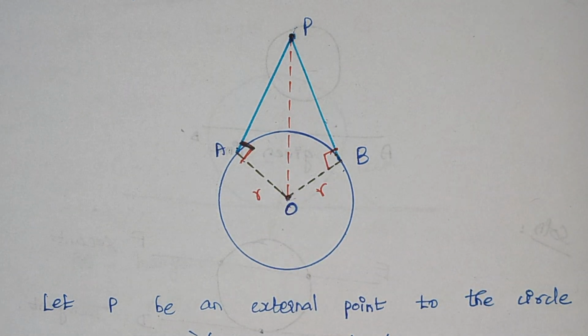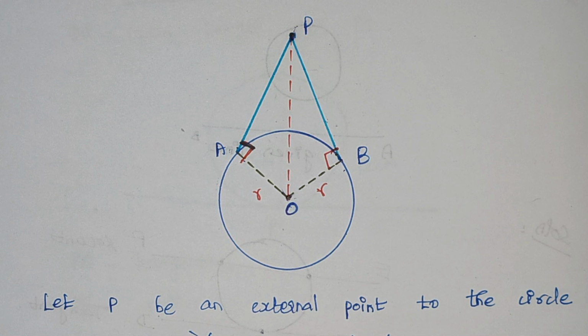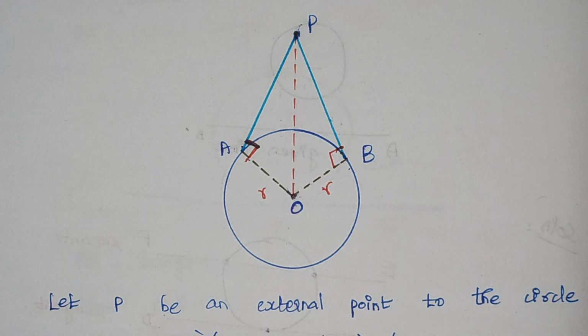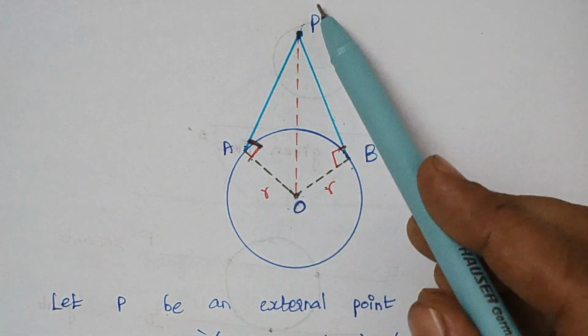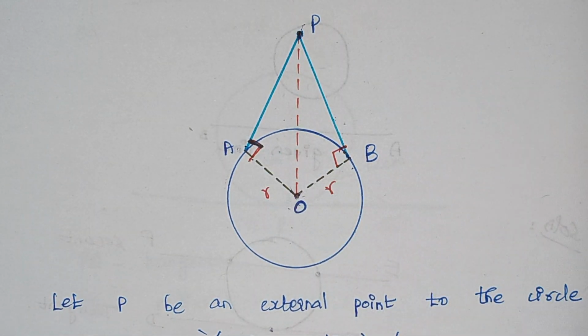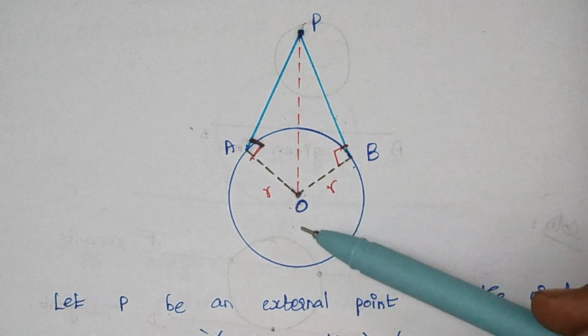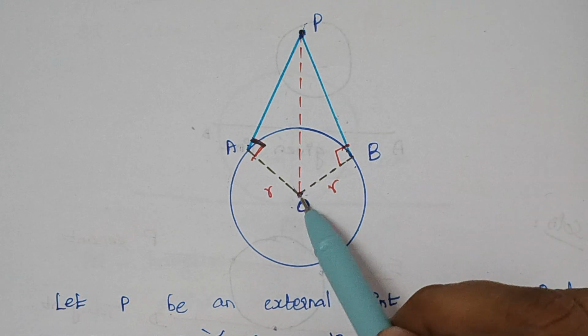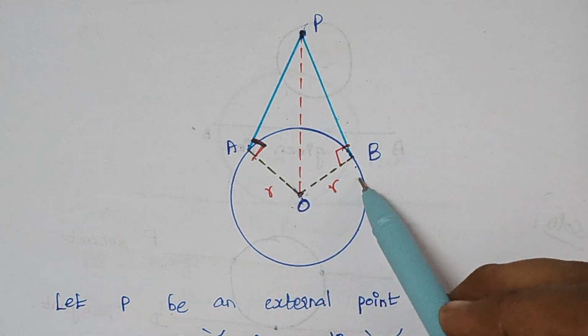Just now we have seen in our theorem 10.1 that the angle between the radius of the circle and the tangent is 90 degrees, or in other words, the radius and the tangent are perpendicular. So OAP is 90 degrees. In the same way, OBP is also 90 degrees, because again this is the radius and this is the tangent.